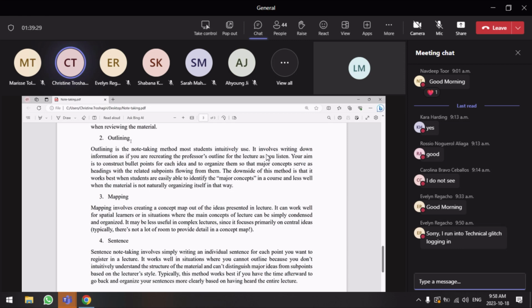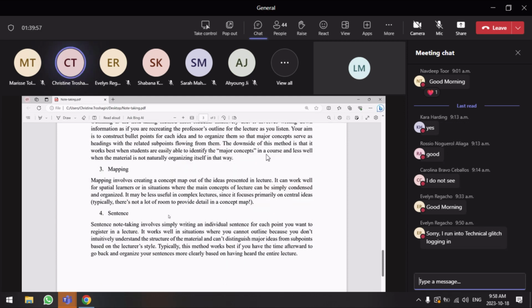However, maybe some other important information such as the tactics or strategies, like the names, the Cornell method, those are considered major concepts and major information. So here comes your smartness, in order for you to relate which type of technique you have to use and for which type of courses.